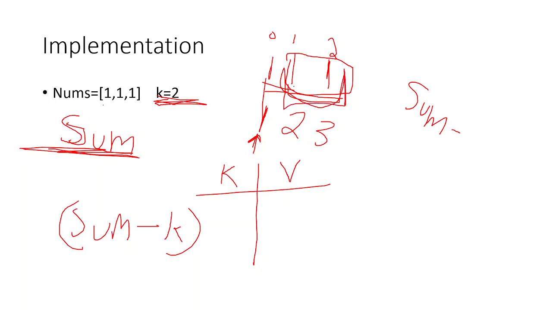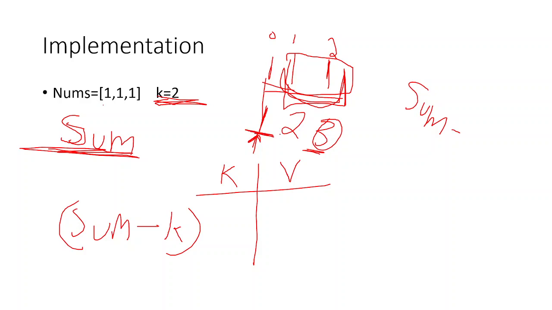Just watch carefully. To find this sum equal to 2, we usually subtract 3 minus 1, right? If 3 minus 2 is 1, if you are getting the output as 2, then we are counting this as a valid one. So basically what we are doing is sum minus nums of i, right?